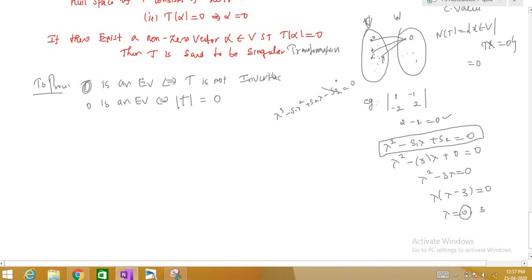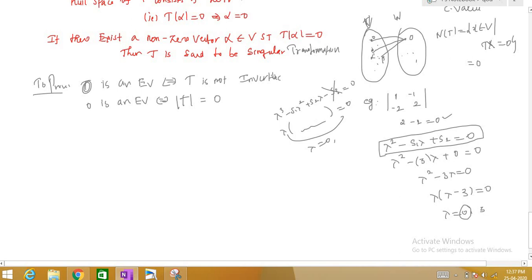Since this is equal to 0, there will be no constant term in the characteristic polynomial. If there is no constant term, we can always take lambda outside as a common term and equate that to 0, and there will be some more eigenvalues from solving the remaining equation. So if the determinant is equal to 0, we can always take lambda common from the characteristic polynomial, right?